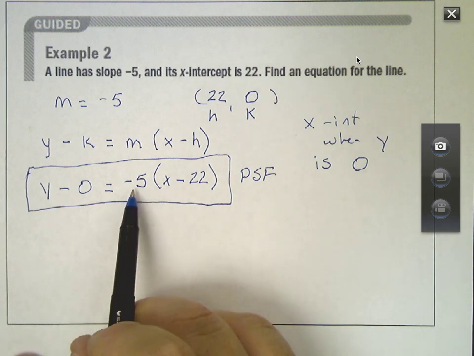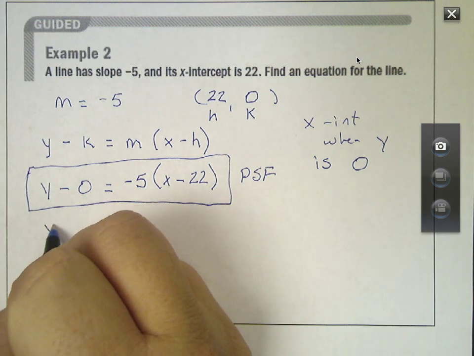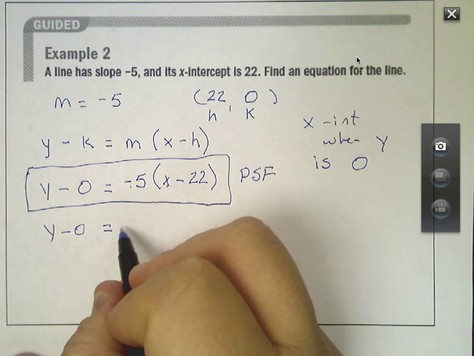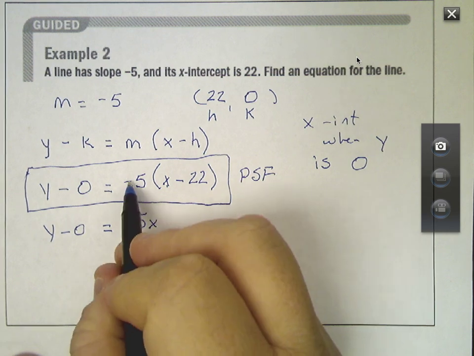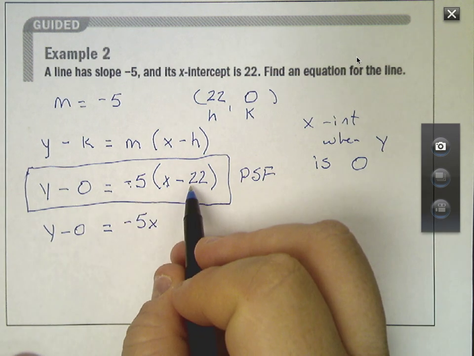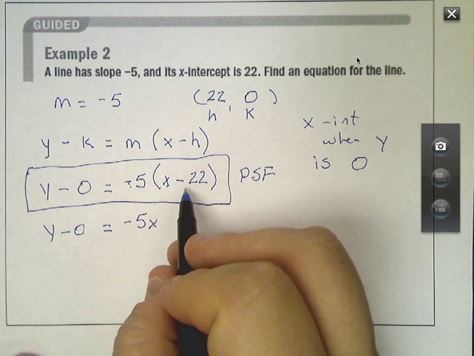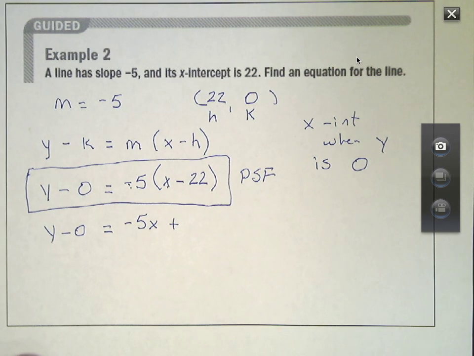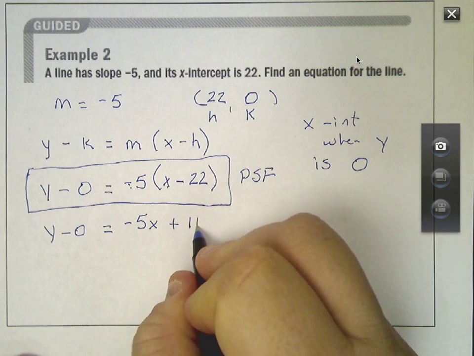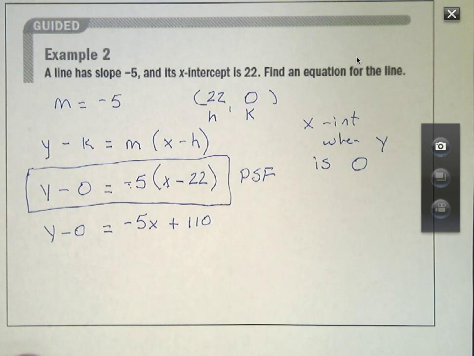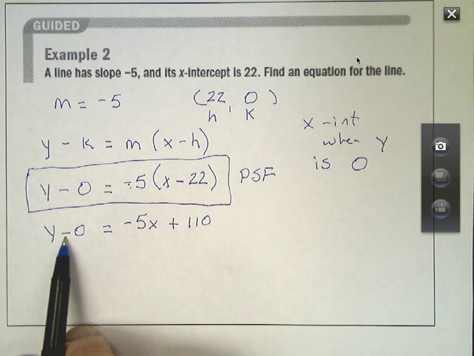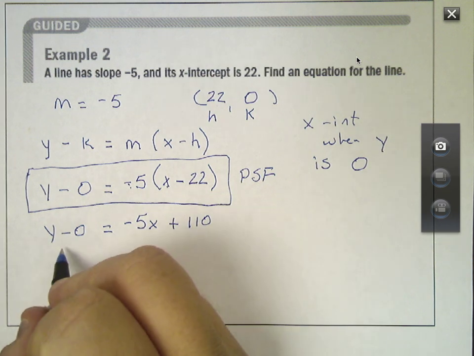We can turn this equation into slope-intercept form. The first thing you have to do is get rid of these parentheses. So let's do that. A negative 5 times x is negative 5x. A negative 5 times a negative 22. A negative times negative is positive. 22 times 5 is 110. Now what I have to do, remember slope-intercept form, you have to solve for y.